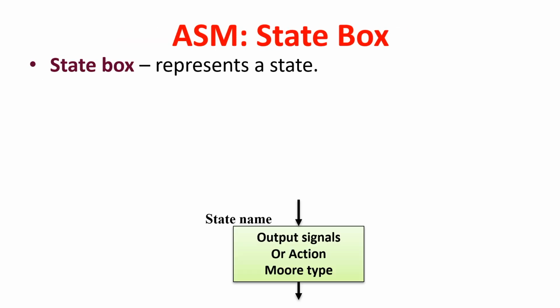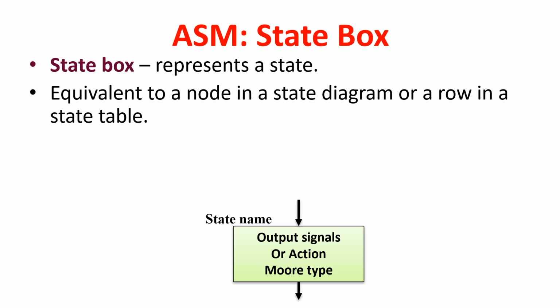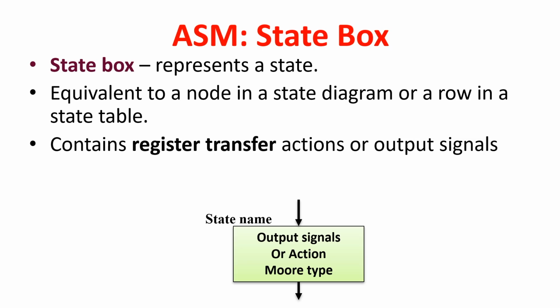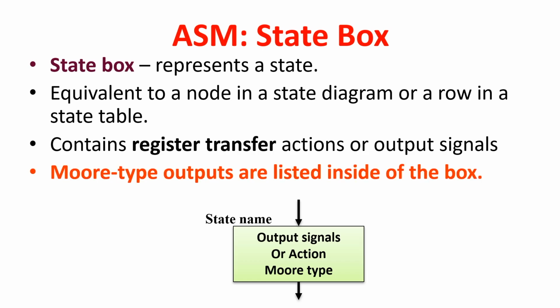A state box represents a state, equivalent to a node of a state diagram or a row in a state table, and it contains register transfer actions or output signals. We can model more types of output that are listed inside the boxes.